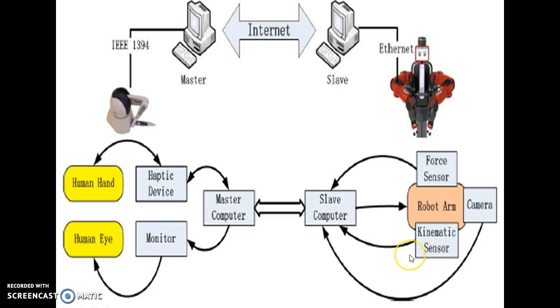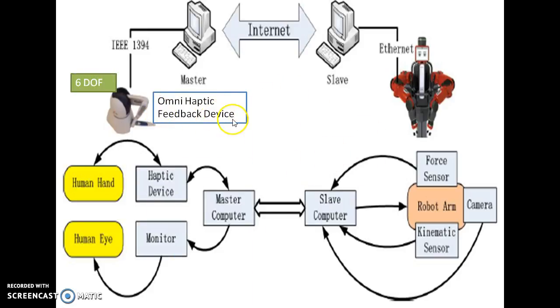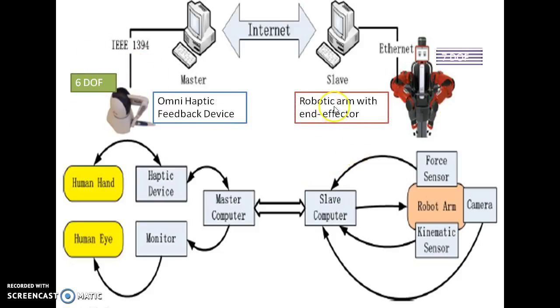This is basically an illustration of this design, and this application is made out of an omni haptic feedback device, which has 6 degrees of freedom, and also a robotic arm with an end effector with 7 degrees of freedom.